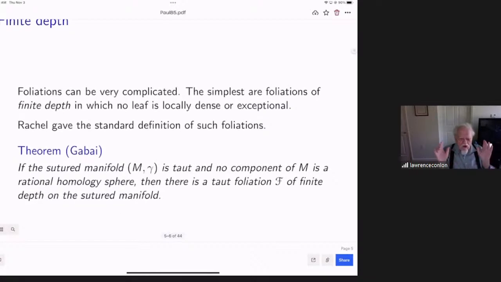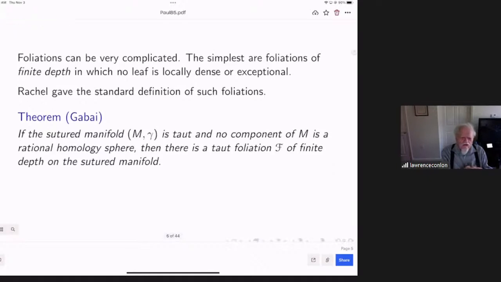So that's an added condition on the definition of the sutured manifold. So if the sutured manifold is taut and no component of that manifold is a rational homology sphere, then Gabai says there is a taut foliation of finite depth on the sutured manifold.